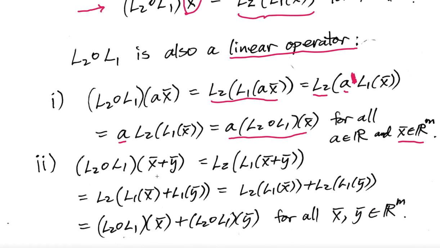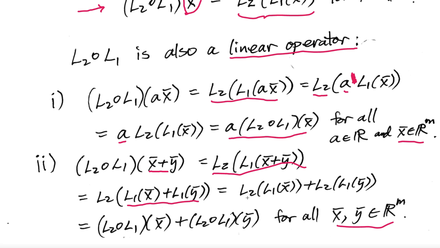What else do we need to show? We need to show that the composition is additive. So let's take L2 composed with L1 of the sum of the vectors x plus y from R^m. L1 is acting on x plus y, but we know that it's additive, so that's going to be L1 of x plus L1 of y. That's the sum of two vectors, which happen to be in R^n.